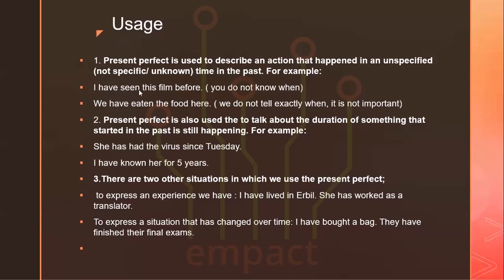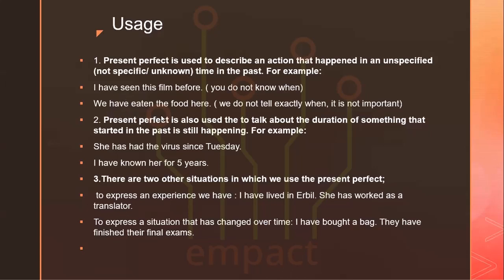I have seen. So I have, and after have, the verb is seen. This is one of the irregular verbs that never take ed; it will change. I have seen this film before, or you can say she has seen this film before. So we don't know exactly when that person saw this film.